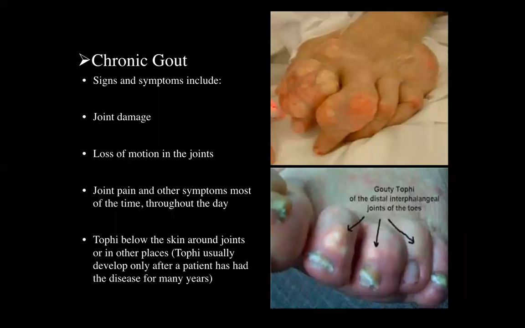Full day you have pain. Tophi below the skin around joints or in other places. Tophi usually develop only after a patient has had the disease for many years.